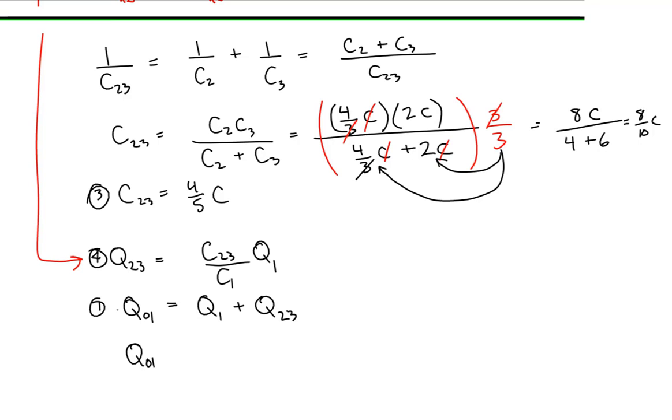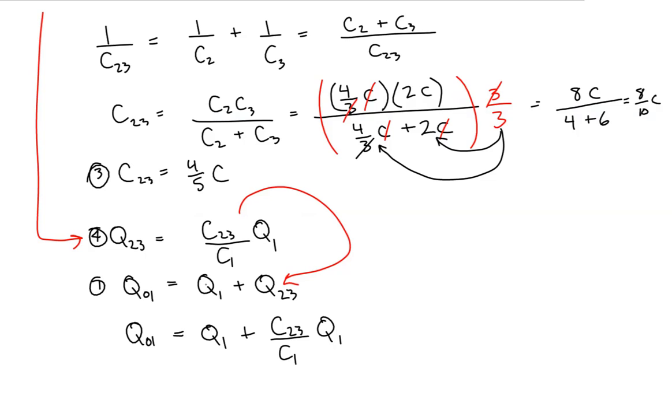So this is Q01. We have Q1, which is what I'm looking for. We're going to take this expression for Q23 and plug it in. So this is plus C23 over C1 Q1. And this means that we could factor out the Q1 from both those terms.